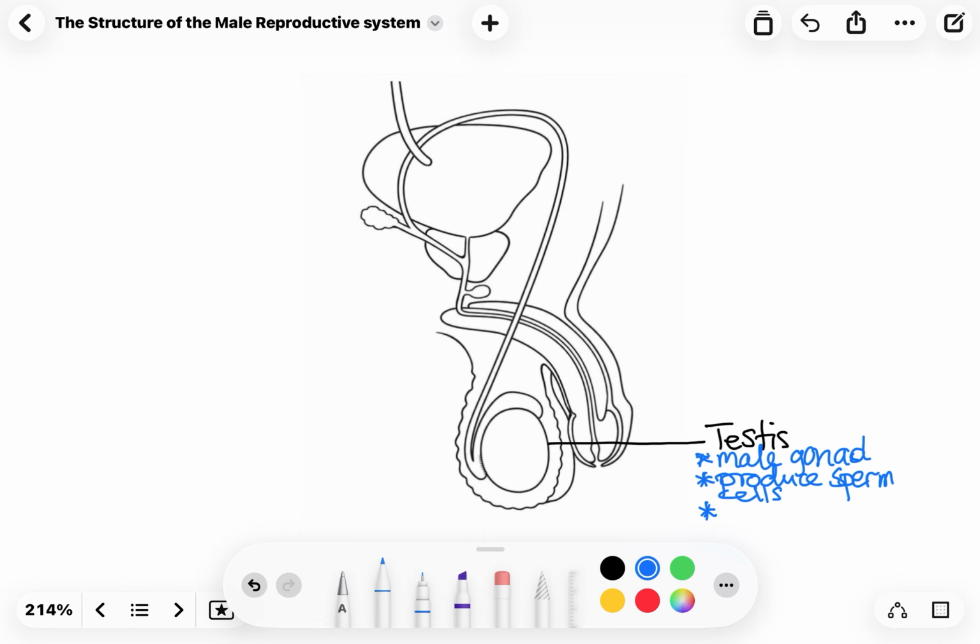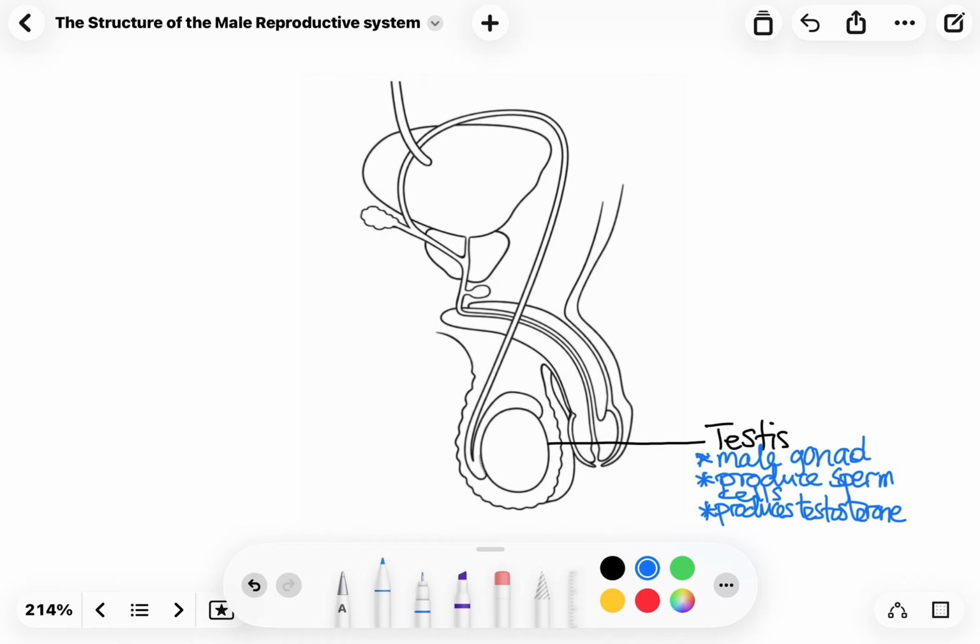It also has another function, which is the production of a hormone, which is known as the male hormone, testosterone. So we're gonna say that it produces testosterone. It's a male hormone, very important hormone. We're gonna discuss it in the other videos to come.